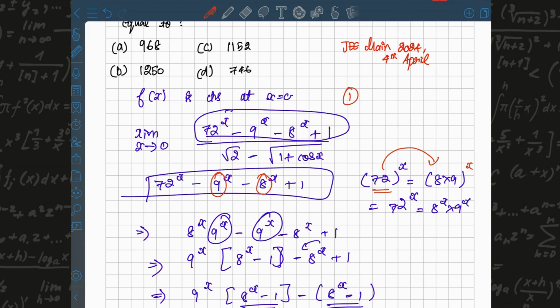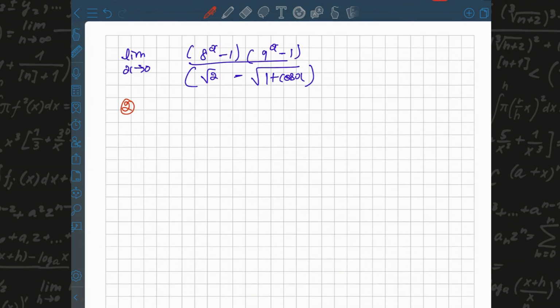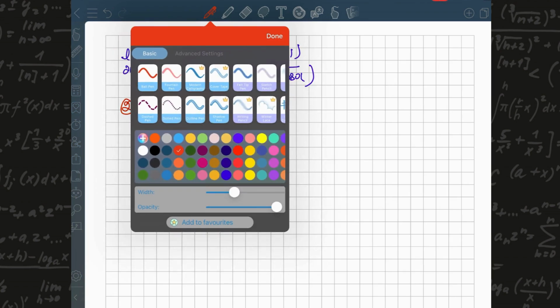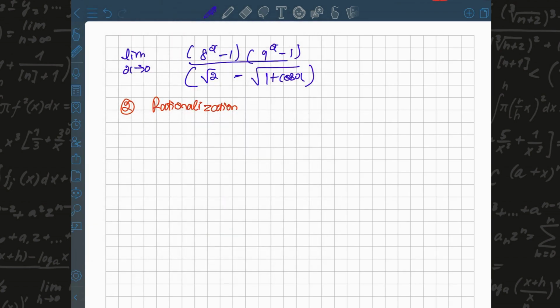The first step we have taken here is simplification of the numerator. The second step is rationalization. So let's rationalize (8^x minus 1)(9^x minus 1) divided by (root 2 minus root of 1 plus cos x).